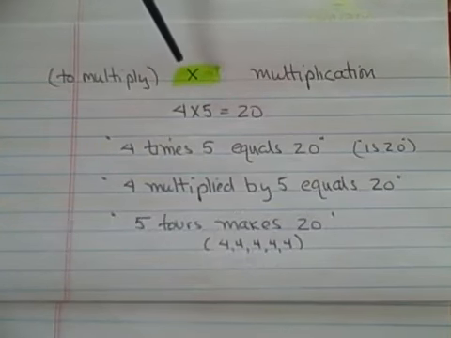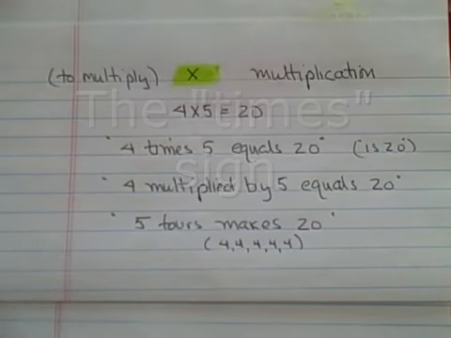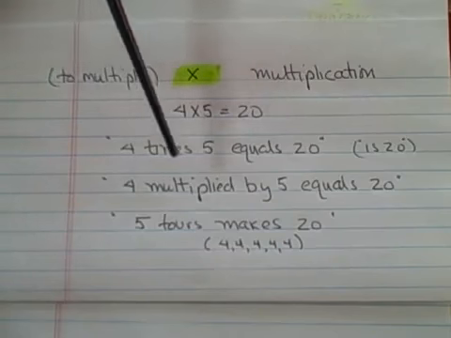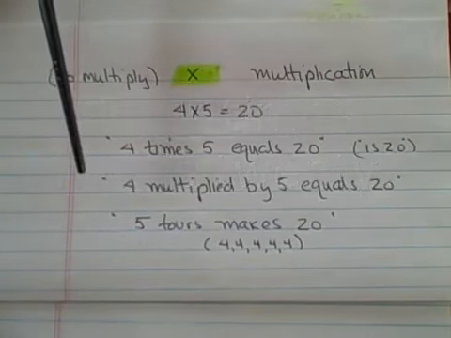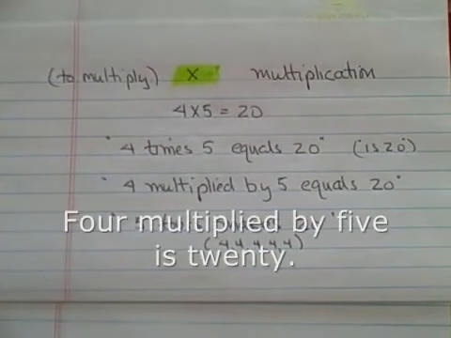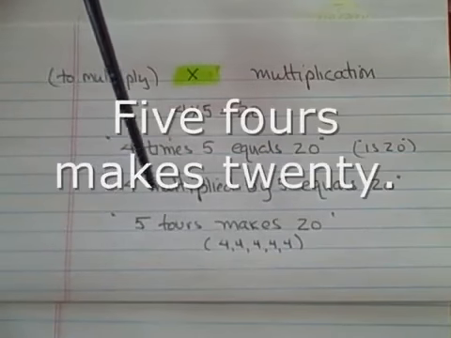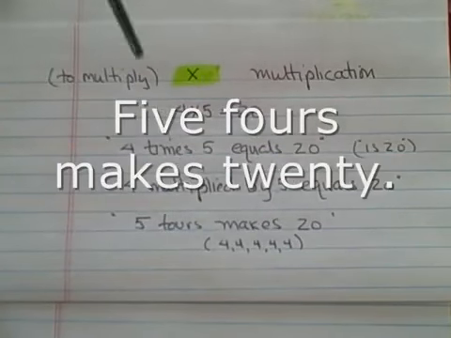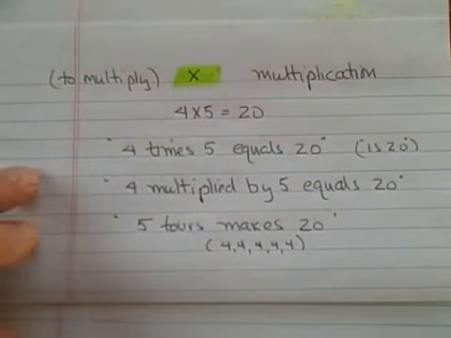Sometimes this is called the times sign. 4 times 5 is 20. Or you can say 4 multiplied by 5 is 20, or equals 20. Or you can say 5 fours makes 20. 1, 2, 3, 4, 5. 5 fours makes 20.